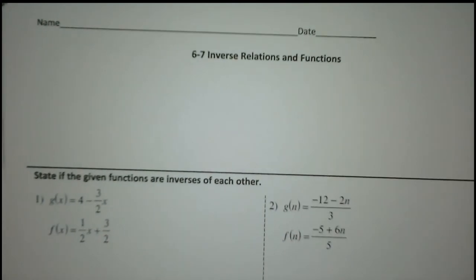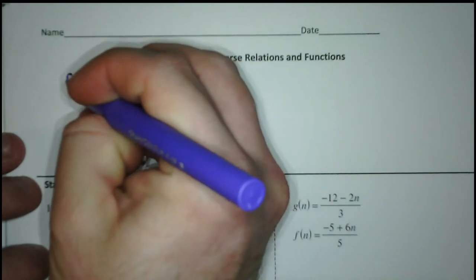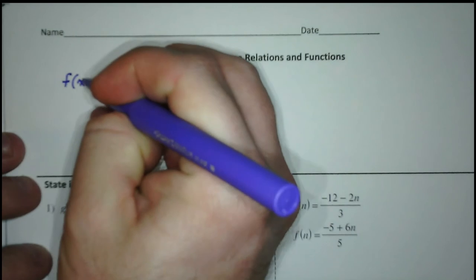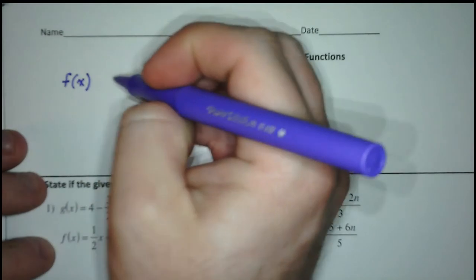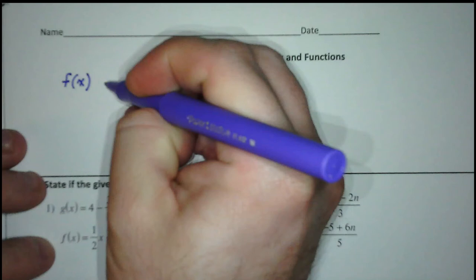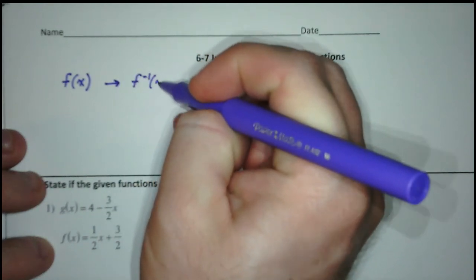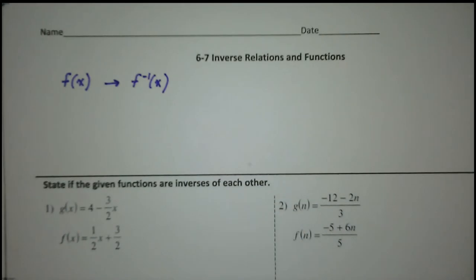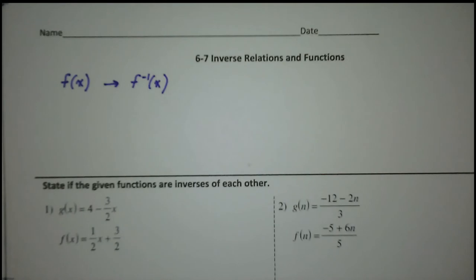So you could refer to a function as f of x. Well, the inverse would be denoted like that, with this negative 1 looking thing.